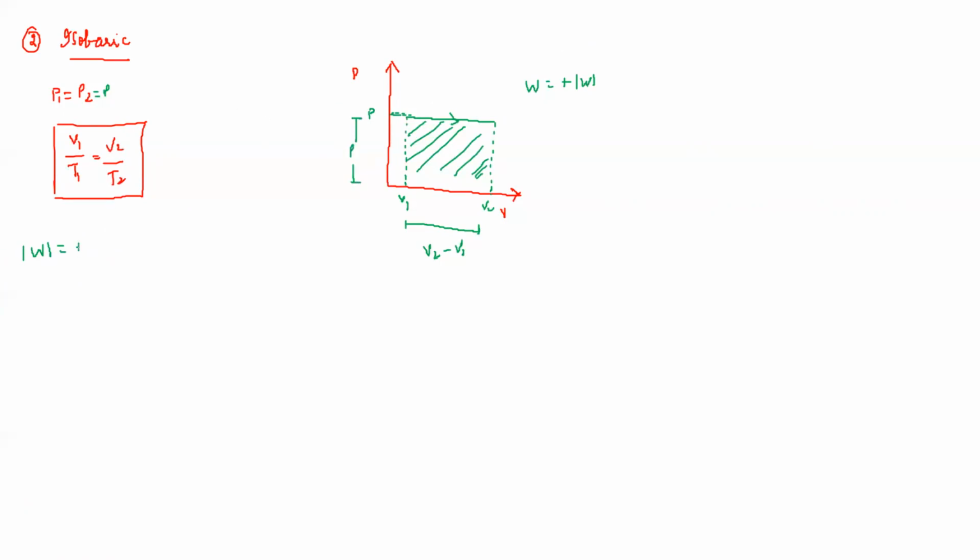So the area is going to be P into V2 minus V1, or P delta V, where delta V is the difference in volumes, which is larger volume minus smaller volume. That gives you the modulus. Now again, if it is an expansion process, then it is going to be plus of modulus, positive modulus. If it is a compression process, then it is going to be minus modulus. Okay.